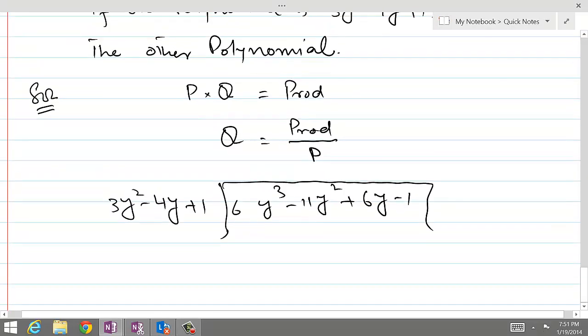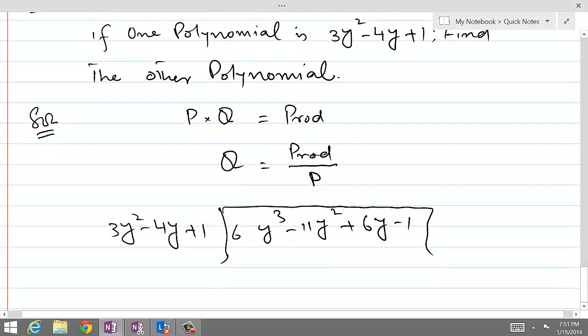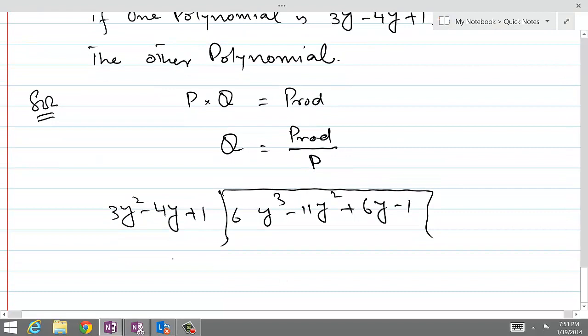So here this was 6y cube. All right, so what should we multiply 3y squared with in order to get this 6y cube?